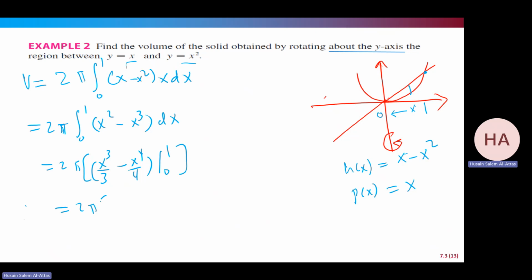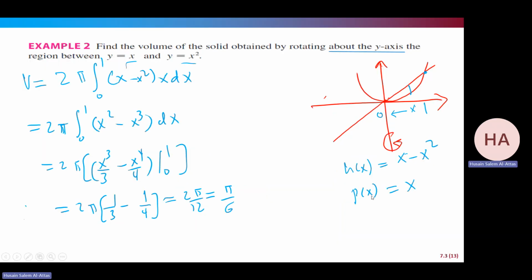That gives me 2 pi times 1 over 3 minus 1 over 4. That will be 4 minus 3 over 12. So it will be 2 pi over 12, which is pi over 6. Okay. That is pi over 6.